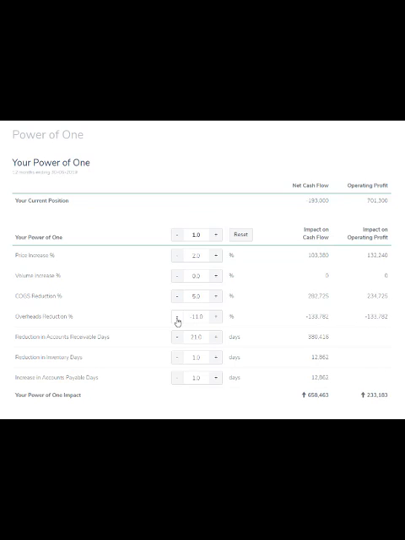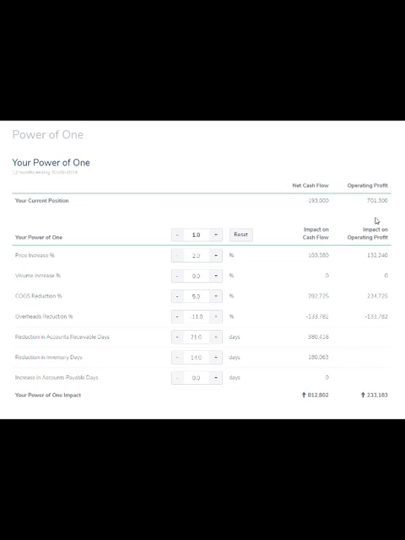We're going to spend $30,000 on that, and that's going to reduce our inventory days by 2 weeks, 14 days, and we're going to pay our suppliers at the same time as we currently do.